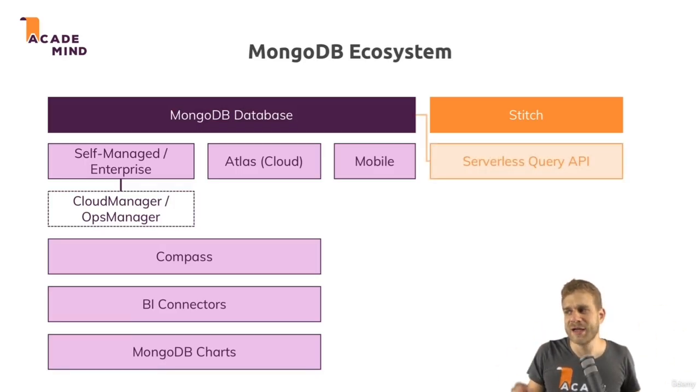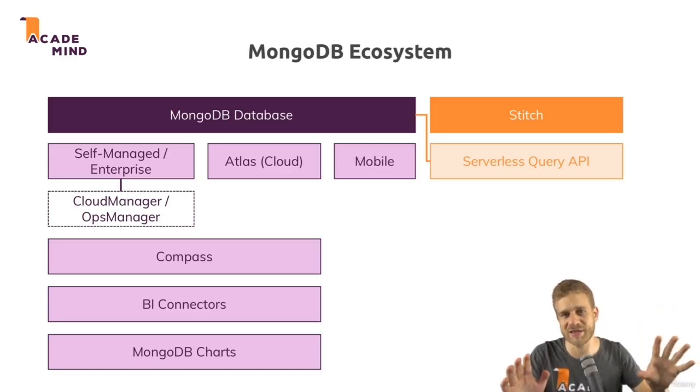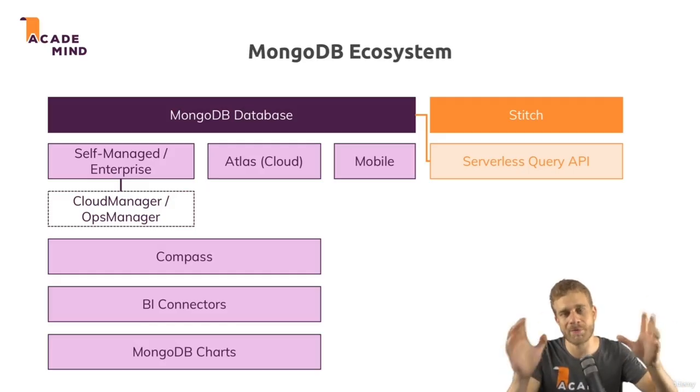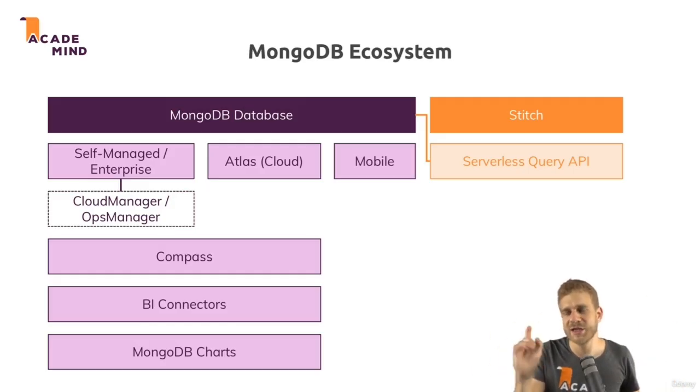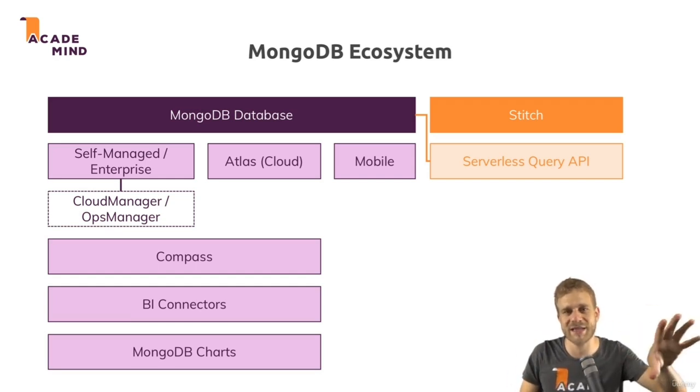Stitch, for example, gives you a serverless query API. And you will see this towards the end of the course, where I have a whole module about Stitch and where I introduce the core products they have in that Stitch environment. So there you will see that this is essentially a tool set, a tool which you can use to efficiently query your database directly from inside your client-side apps. So from inside your React app or anything like that.